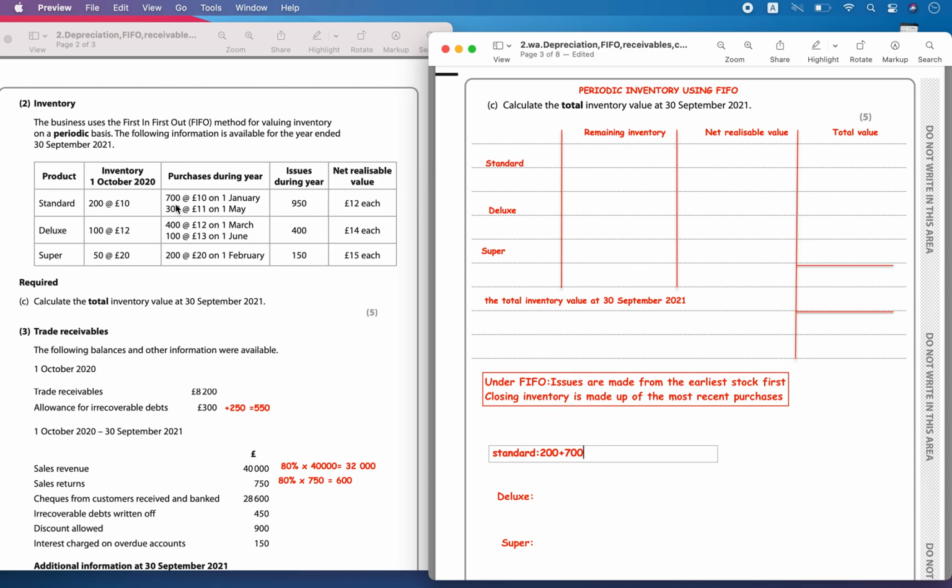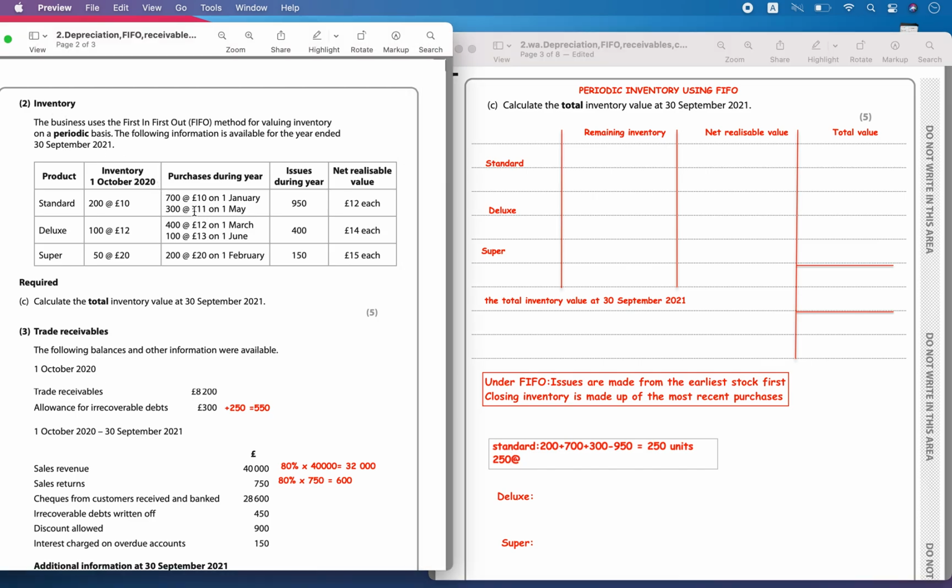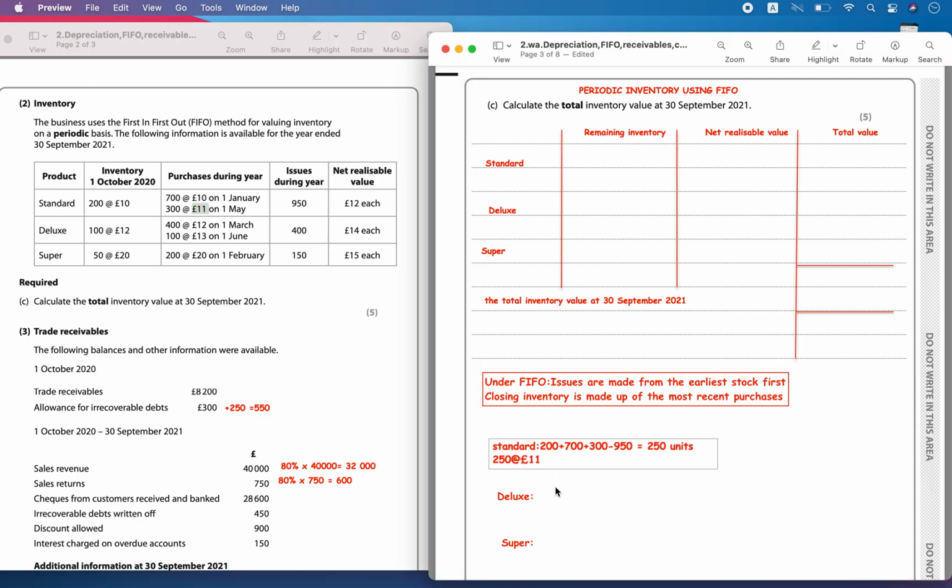So 200 was at the beginning, then they did some purchases, 700 plus 300 units were purchased, and then issues of 950 units happened. Which means that there are 250 units remaining, and these 250 units are going to be valued at the most recent purchase, that is 11. So 250 at 11 pounds.